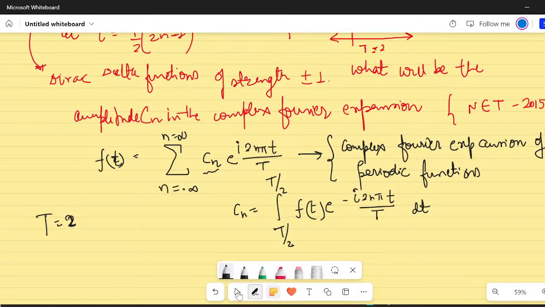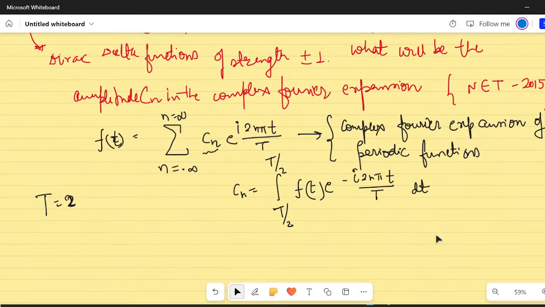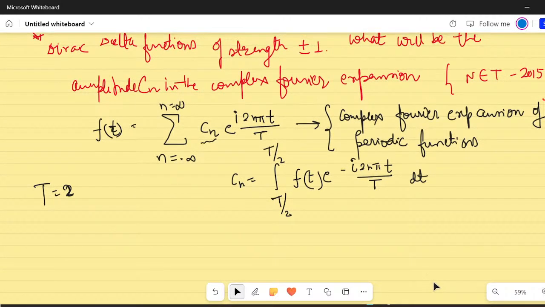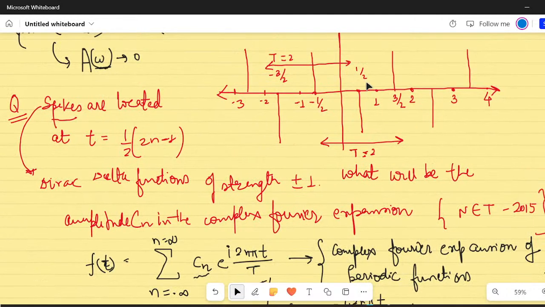Now if I want to write my f(t), what do you think f(t) would be? Basically, f(t) is represented as a Dirac delta function. At t equal to minus half, you have a Dirac delta function with a negative strength.